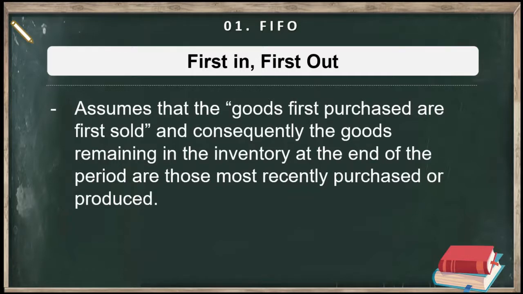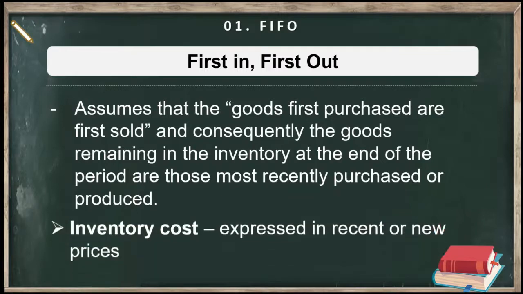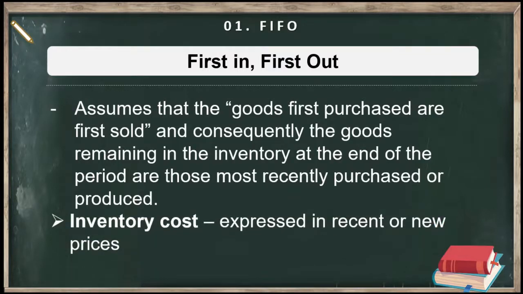So, in other words, the FIFO is in accordance with the ordinary merchandising procedure that the goods are sold in the order they are purchased. So, the rule here is what first comes in must first be sold. So, the inventory is thus expressed in terms of the recent or new prices.